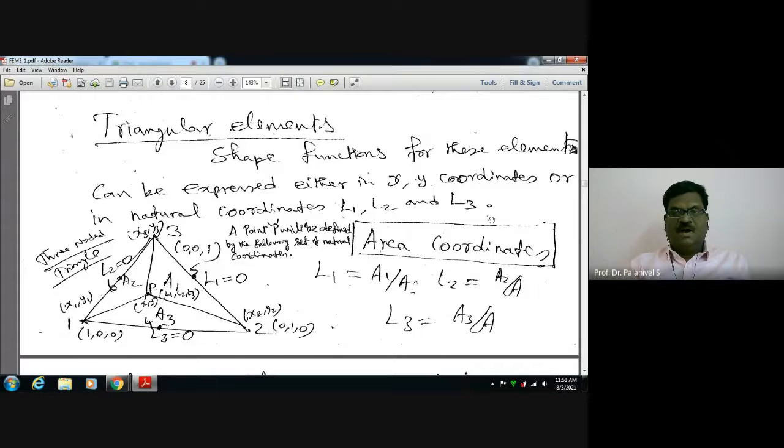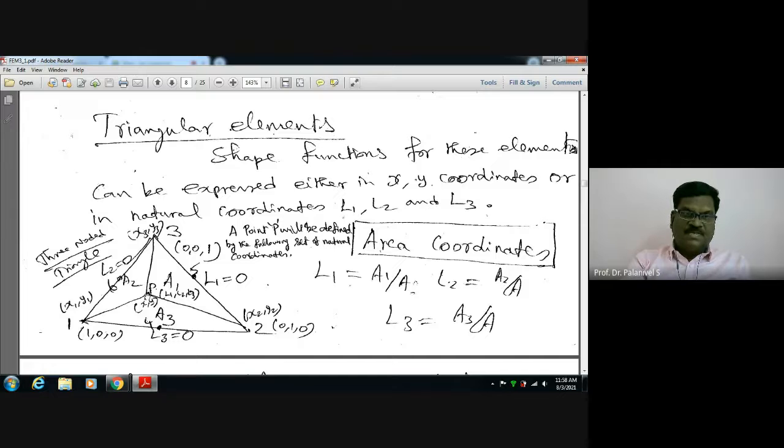How do we formulate such natural coordinates for this triangle? For that, I am going for a system called the area coordinate system. See here, area coordinates. The natural coordinates are chosen as the area coordinate system here. How?